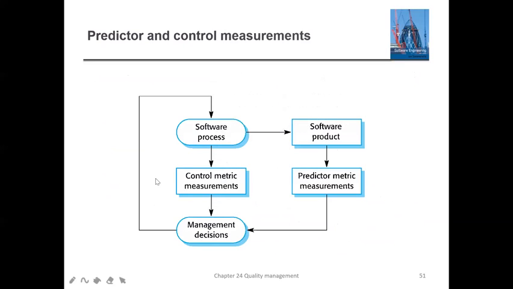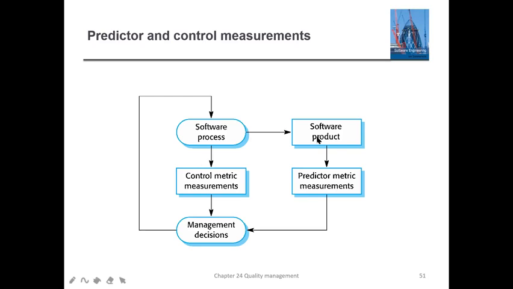Now here you can see the diagram between your predictor and control measurements. In the sense, predictor measurement is known as your product metrics, and control measurement is known as your process metrics. Here you can see the software process is developing towards the software products, and the software process has control over the control metric measurements, which are known as your process metrics.